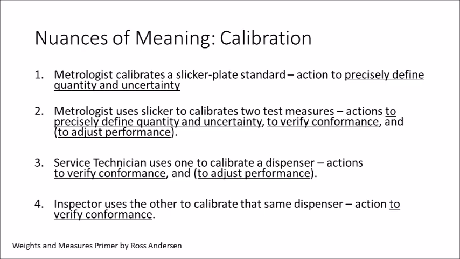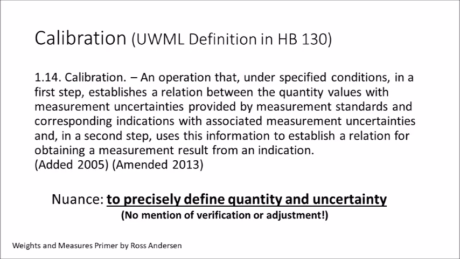So you see 3 principal nuances of meaning in this word calibration in the way we use it. However, if we go back to the definition that was adopted by the NCWM, you can read this and see that the definition means to precisely define quantity and uncertainty. There's no mention in this definition of verifying conformance or adjustment, and this is really important.